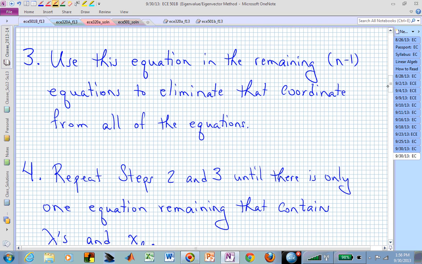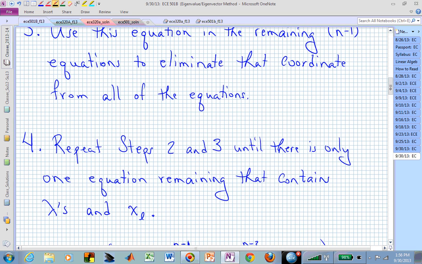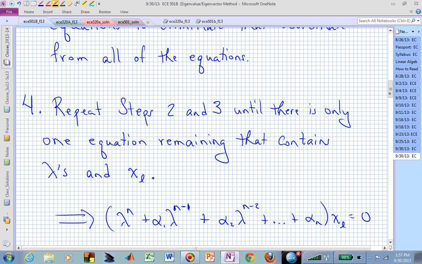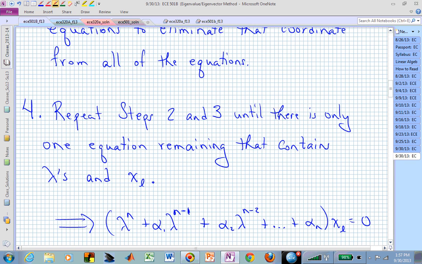Then we simply do that again and again, all the way until we end up with just one equation, and that might be the x sub n equation, it might be x sub l, it depends on what you think might be a more optimal way to process this substitution or elimination process.